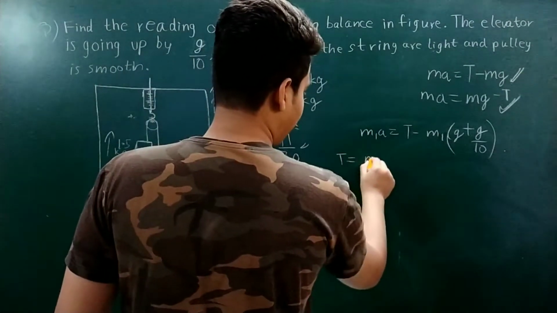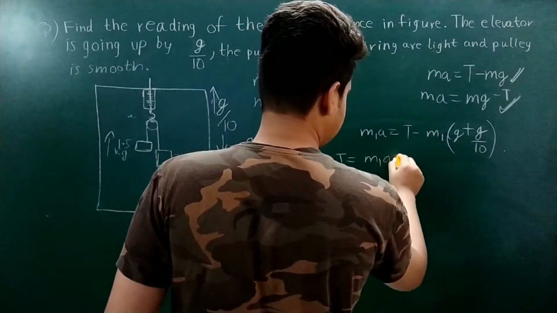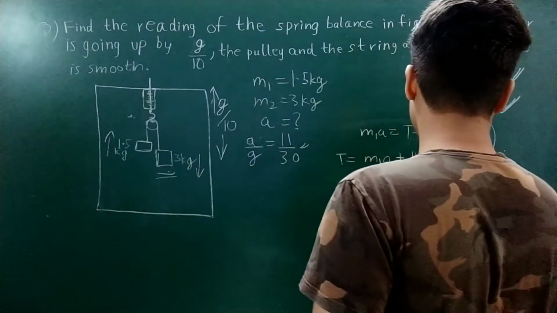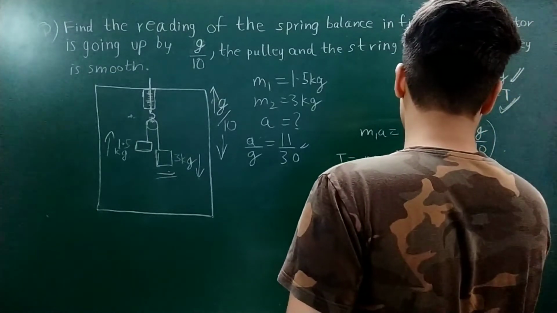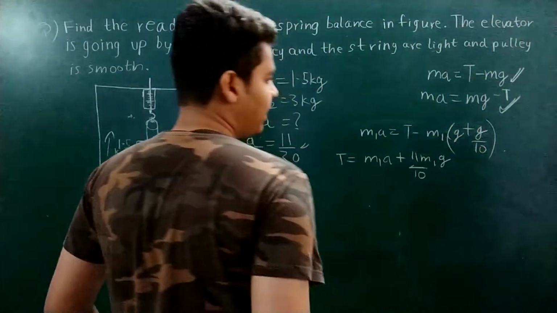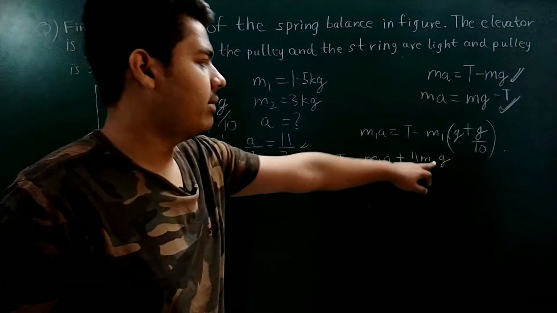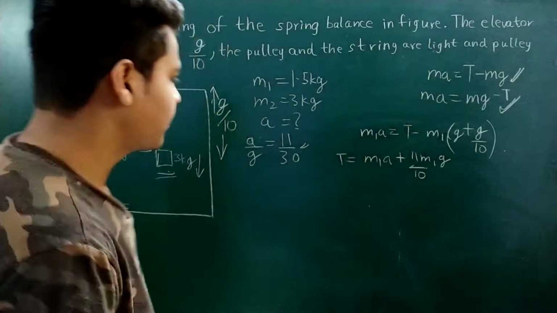T is equal to M1A plus 11M1G by 10. 11M1G by 10, because G plus G by 10 is equal to 11G by 10, and multiplied by M1 will be 11M1G by 10.